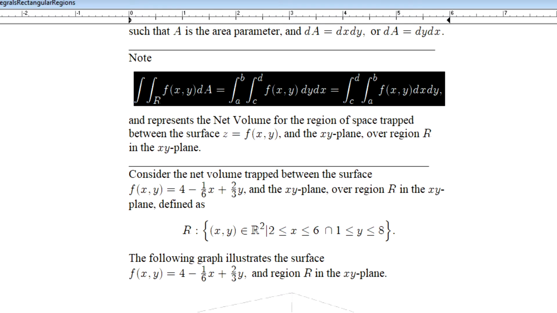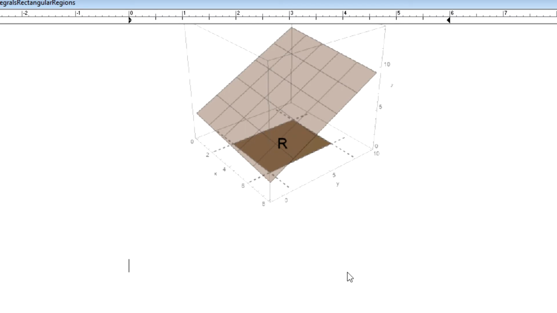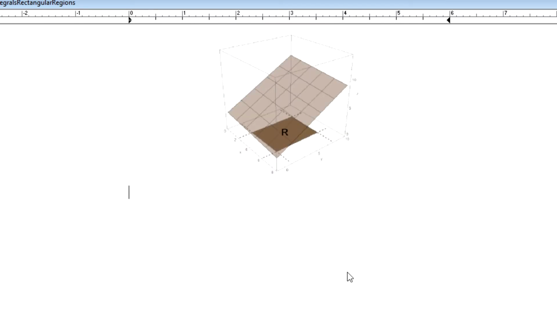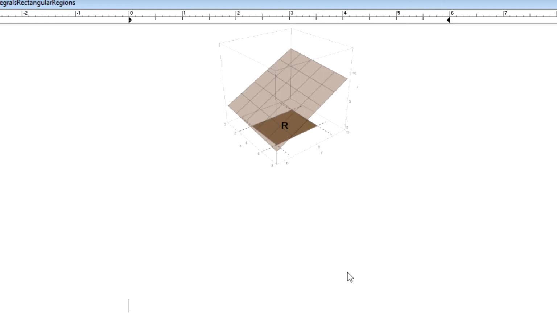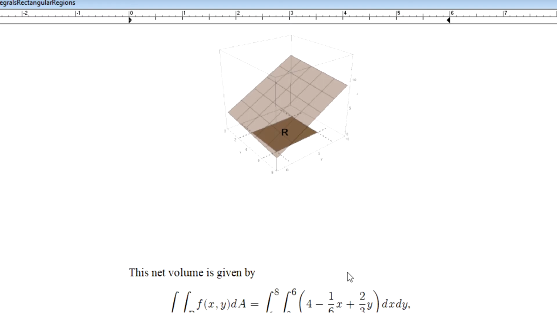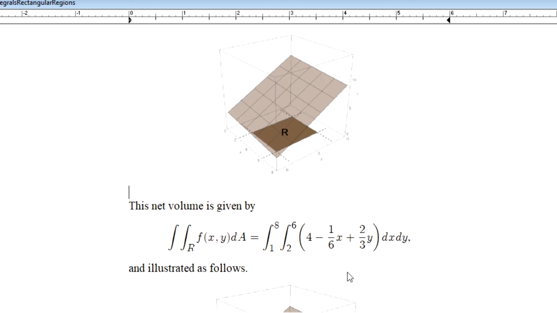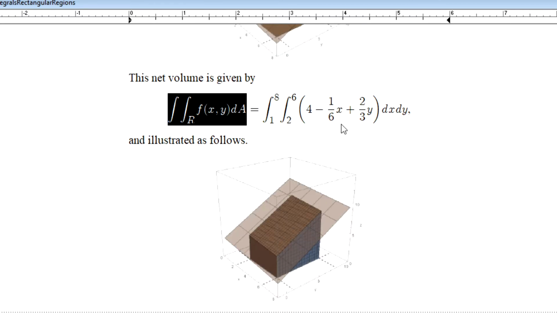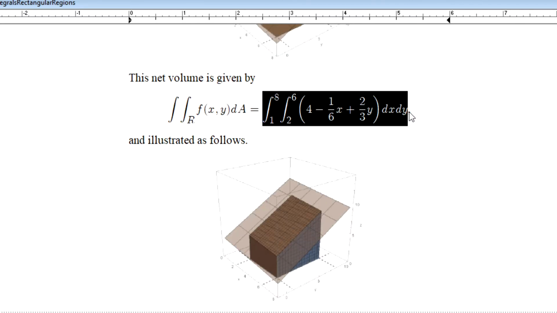If we consider the illustration, let me undo the size there. As I noted, this net volume is going to be given by this double integral calculation, where we might consider approaching that calculation in this order.